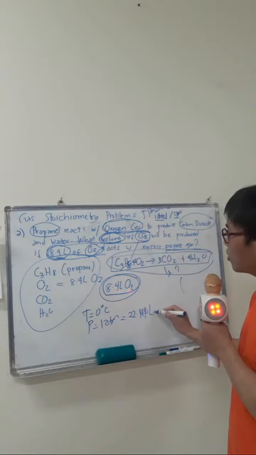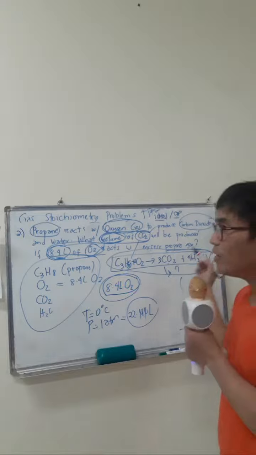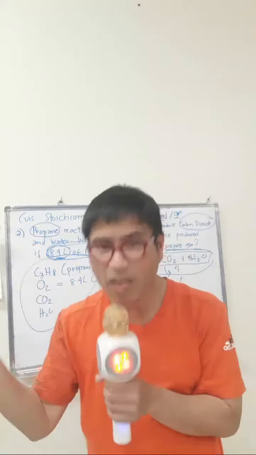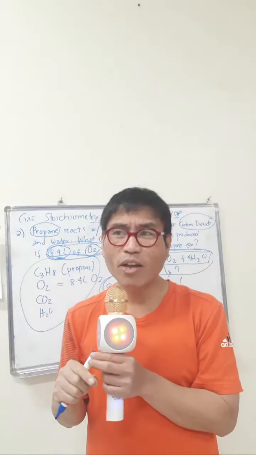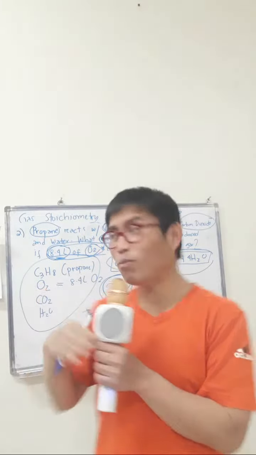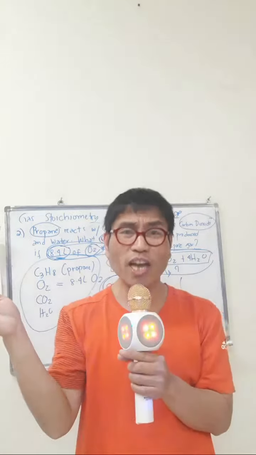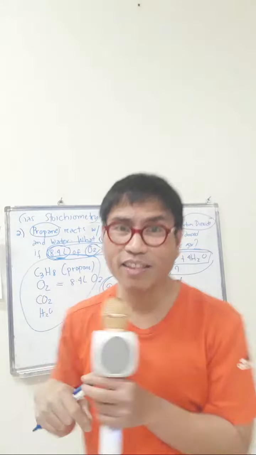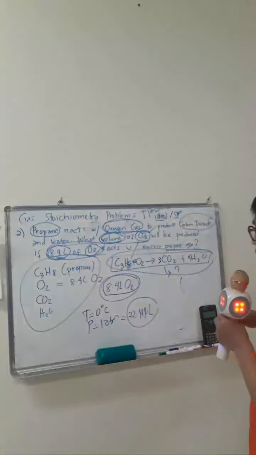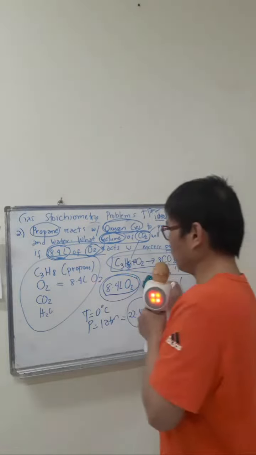Because we are assuming that it behaves ideally at STP for the reason that it is a complete combustion. If it is a complete combustion, it is assumed to be this way. But if temperature and pressure are given, it's not really ideal. You get the point?